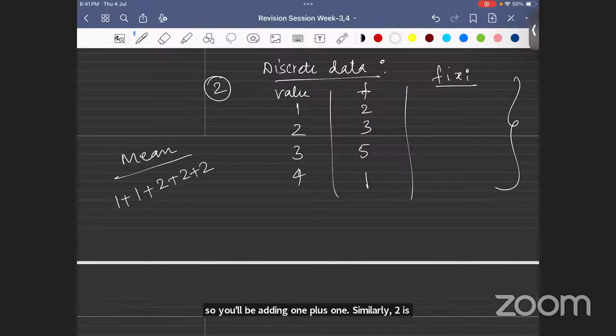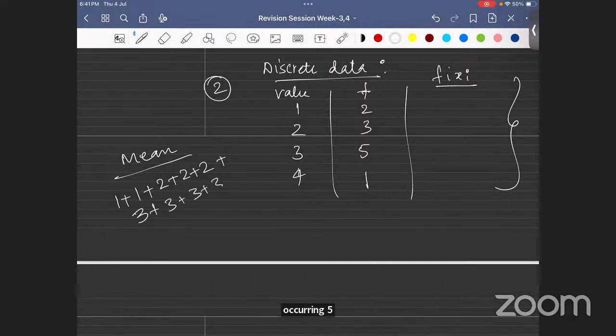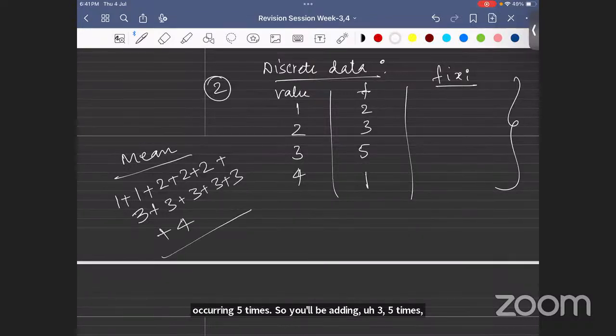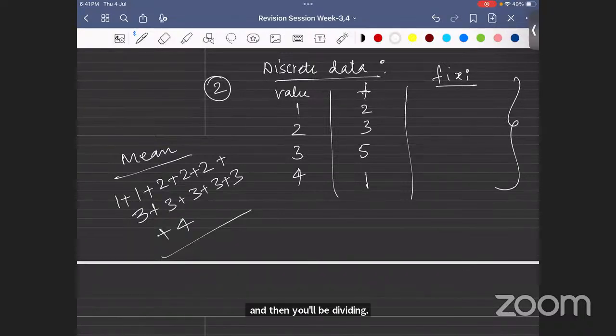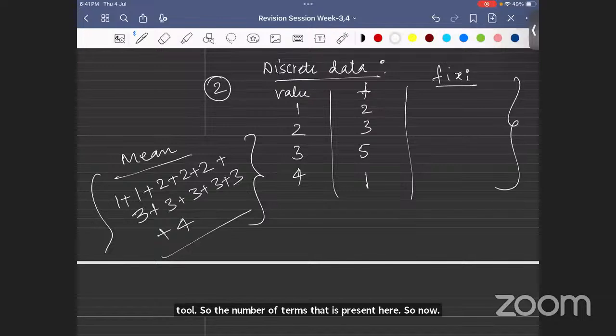Similarly, 3 occurs 5 times, so you add 3 five times. Similarly, 4 occurs once, and then you divide by the total number of terms. To avoid rewriting this, what we are going to do is just multiply each value with its frequency.